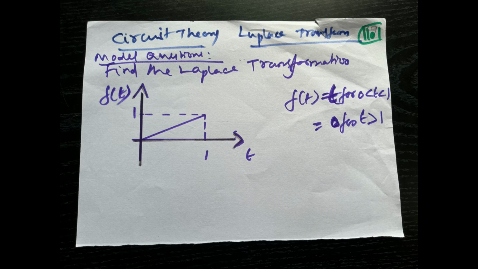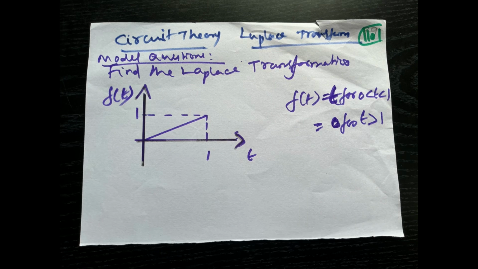The formula is used. L of f of t is 0 to 1 and 1 to infinity. Take the Laplace transform of the periodic function. L of f of t is equal to the integral of 0 to infinity of f of t e power minus st dt.